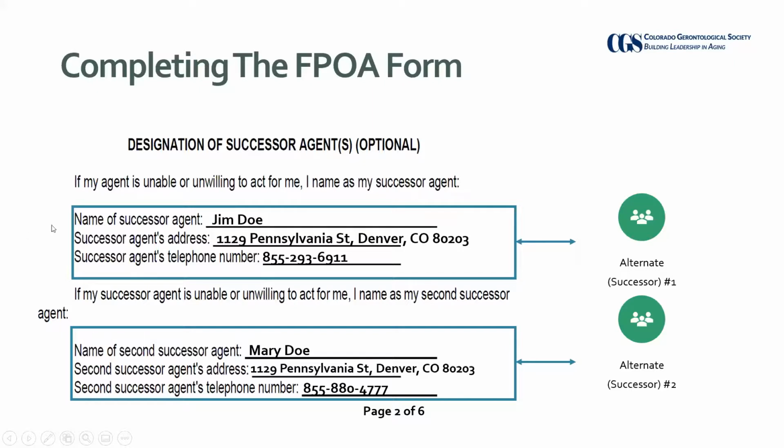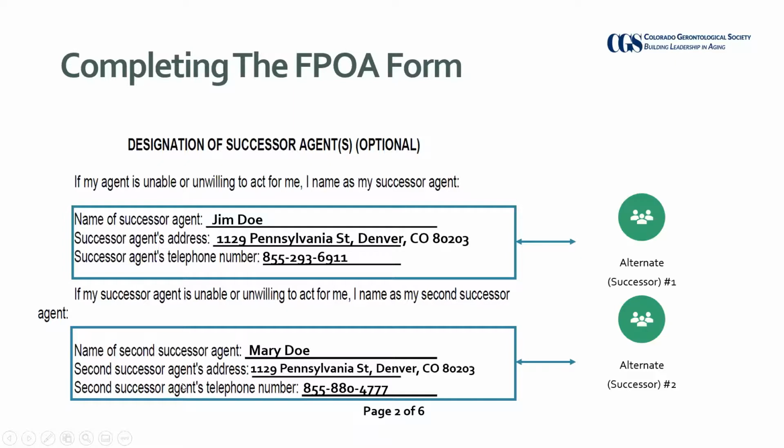Jane Doe has selected her first alternate to be Jim Doe. So alternate successor number 1, we have his full address, 1129 Pennsylvania Street, Denver, Colorado, 80203. We have his full phone number. We have that area code and that phone number.